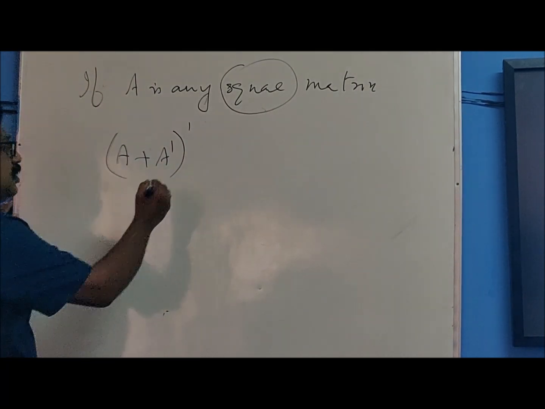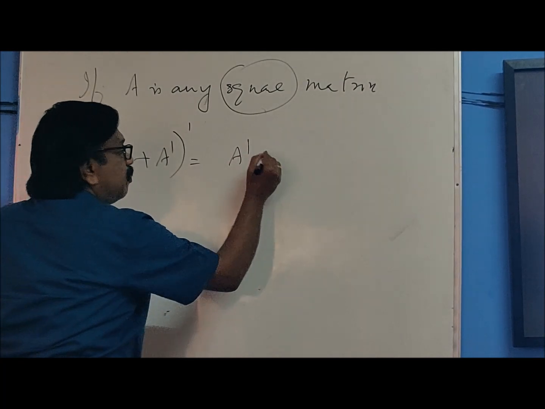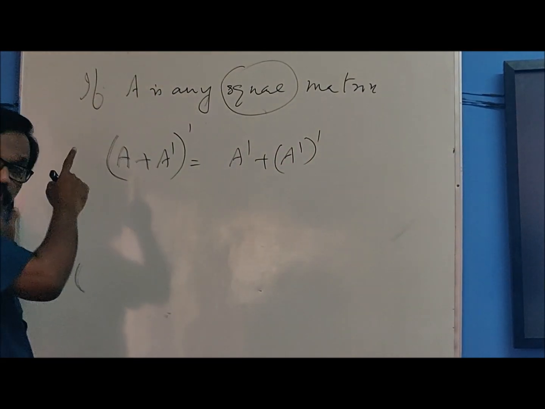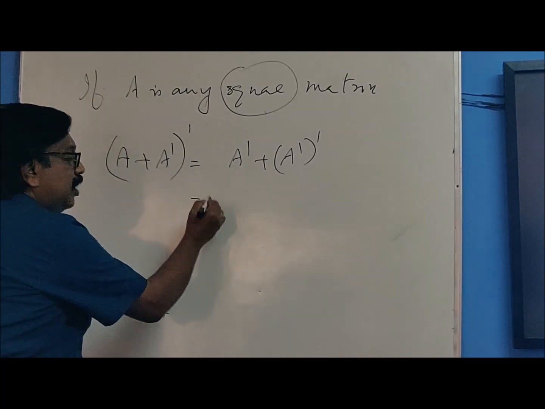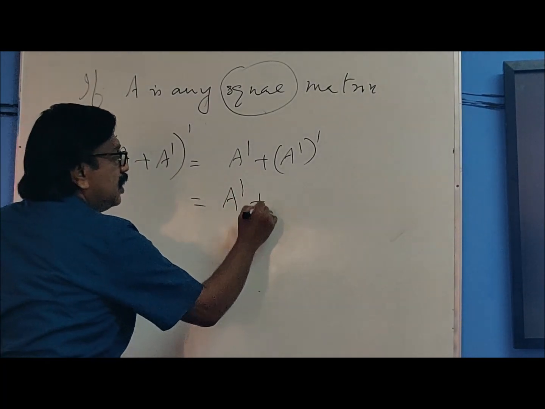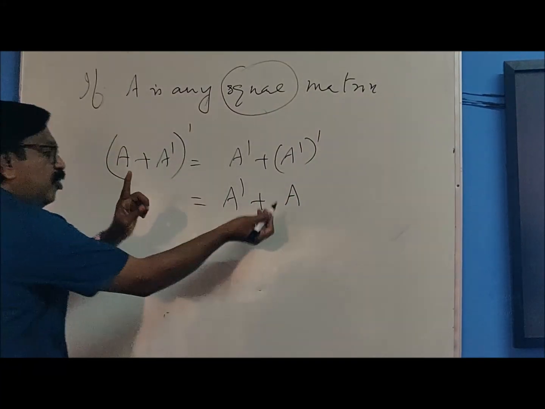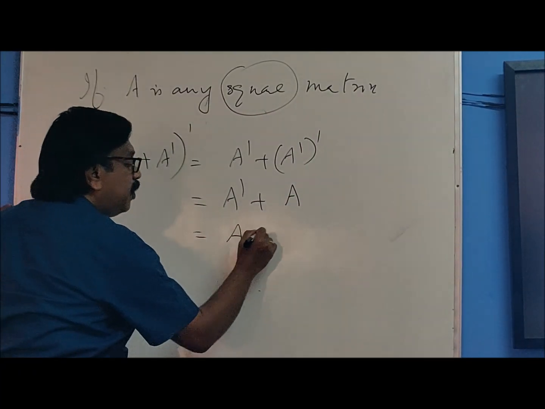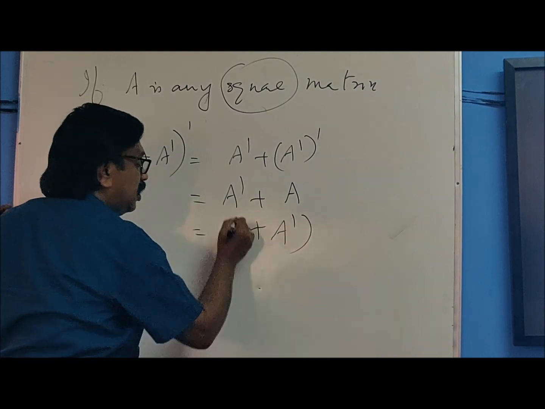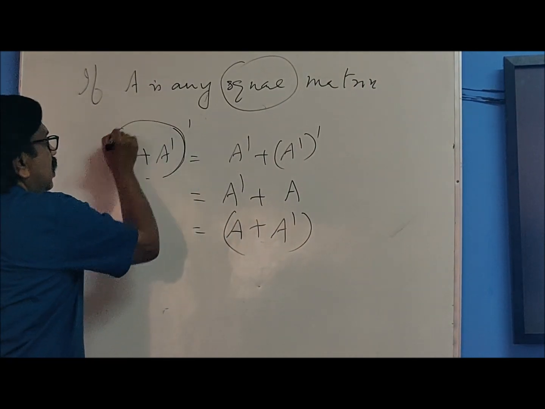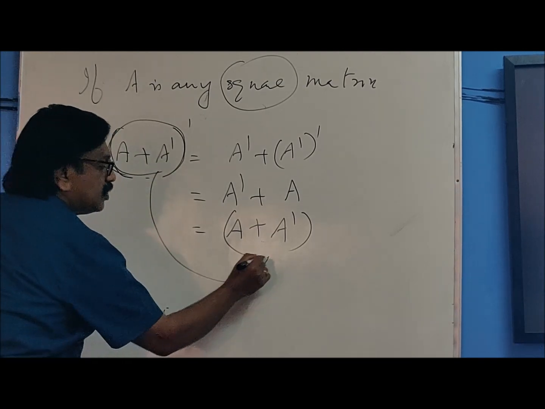It is A transpose plus A transpose transpose. And once again, that is A dash plus A dash dash, which is A only. Then by the commutative property, we can say it is A plus A dash. Therefore, the transpose of this matrix is the same matrix.